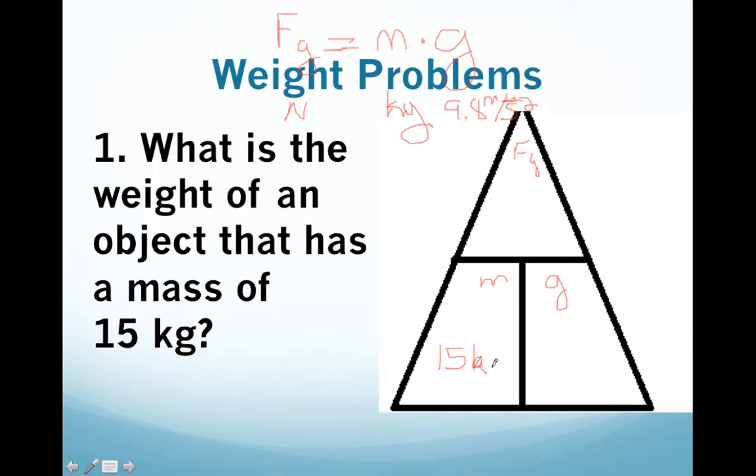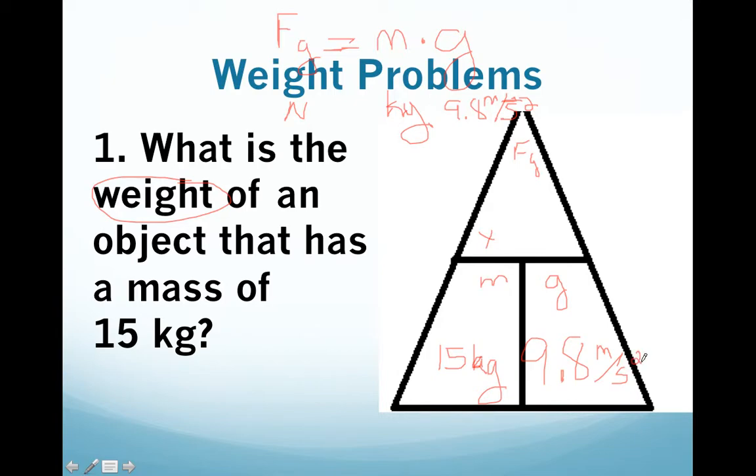Okay? And we're asked for the weight, and weight is up on top, so that's what we don't know. And by default, gravity, we're going to use 9.8 meters per second, and we're going to square it.